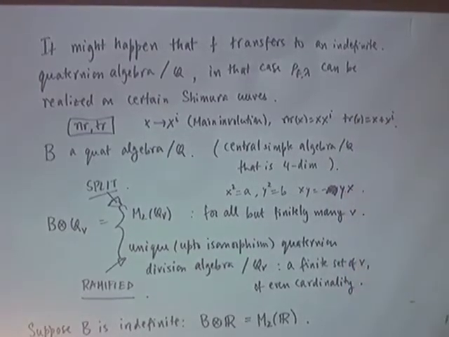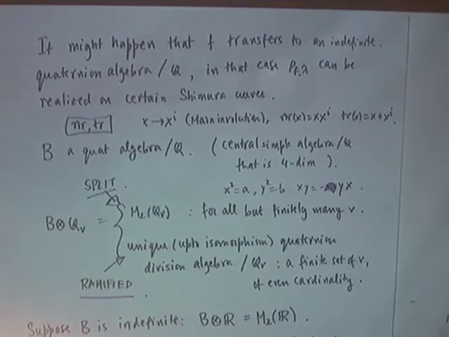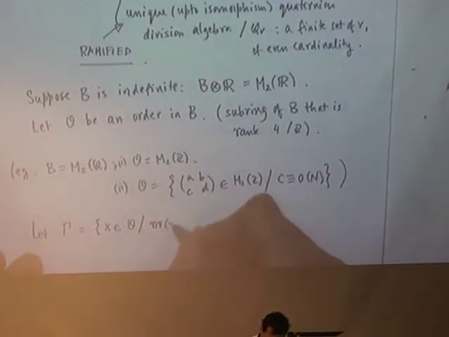If you've never seen this before, you might think of what the main involution should be for M2 of Q. All right, so let's take Gamma to be the set of all x in O whose reduced norm is 1.